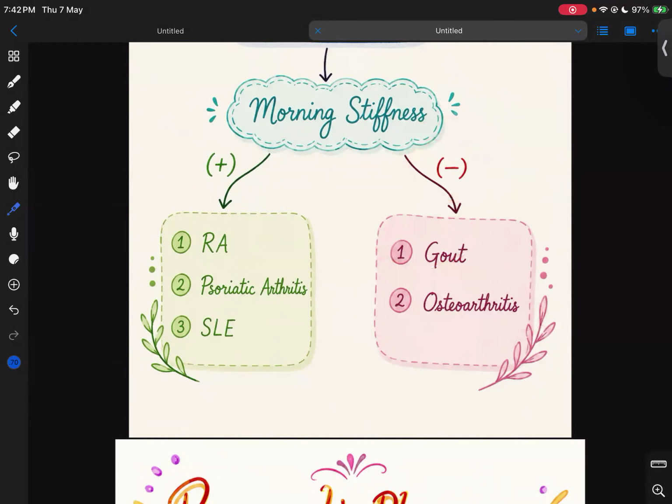How to approach gout? I will discuss it in detail with a wonderful mnemonic during the knee pain approach. In case of osteoarthritis, typically you will find some physical examination findings, like Heberden's nodes and Bouchard's nodes.